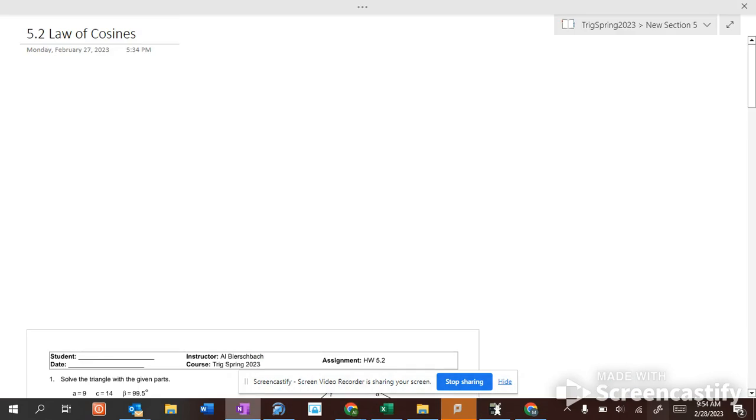All right. So the law of cosines is this. If I'm looking for angle A or side A, then A squared equals B squared plus C squared minus 2BC cosine of alpha.